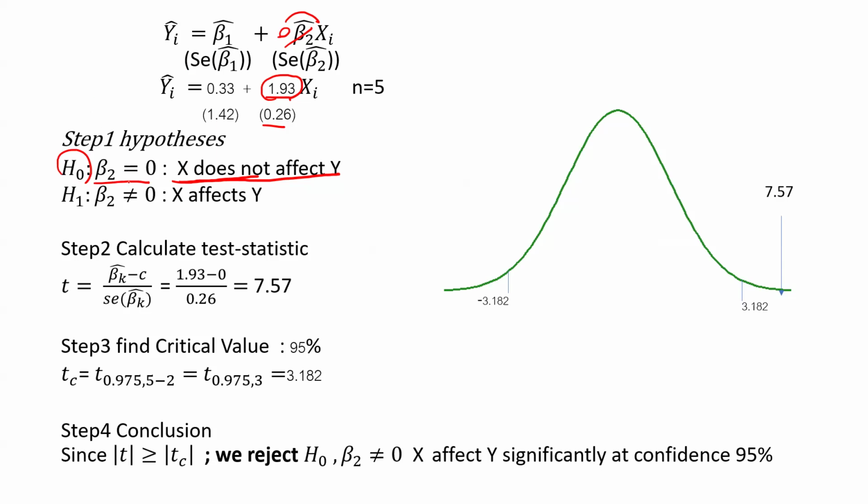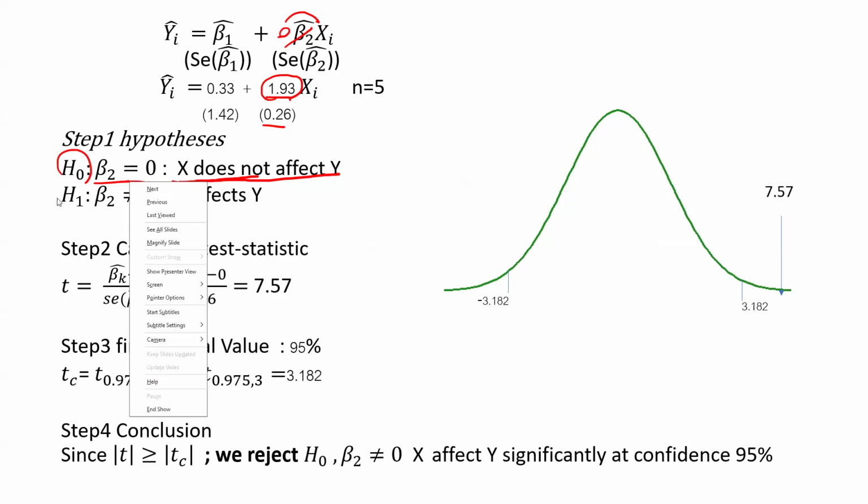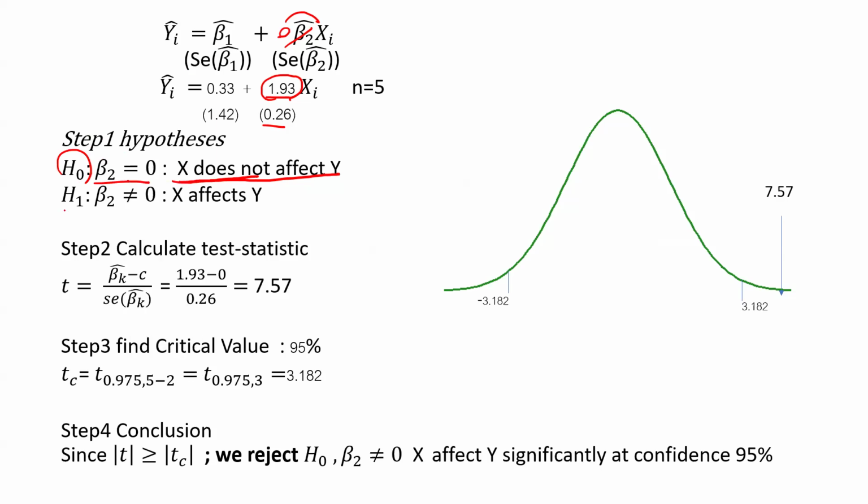And then, equal must have its pair H1, so you say beta 2 is not 0.